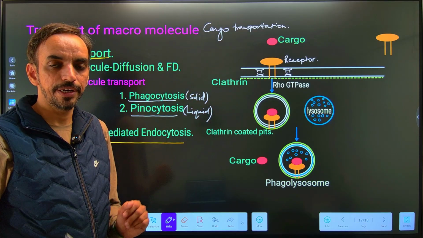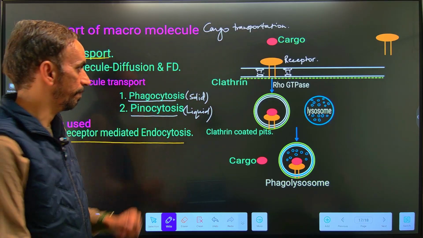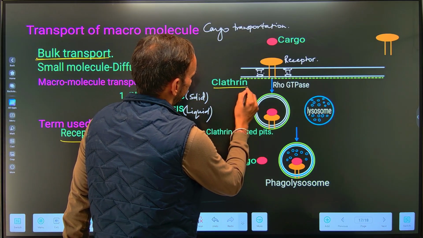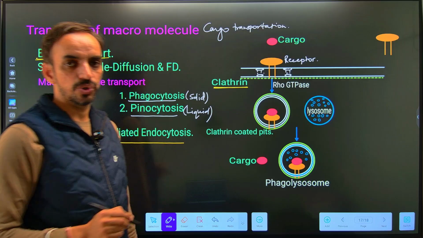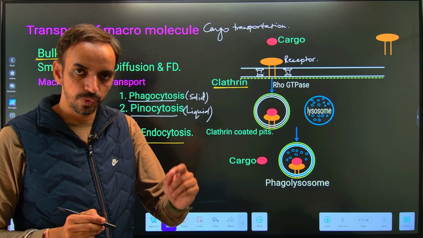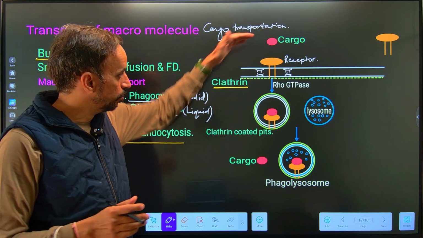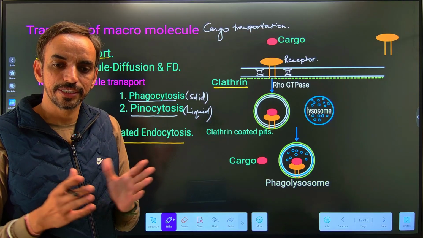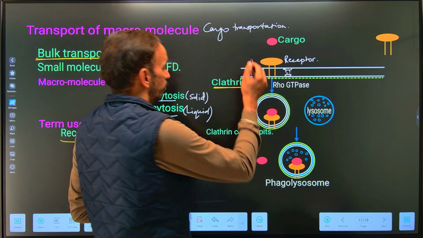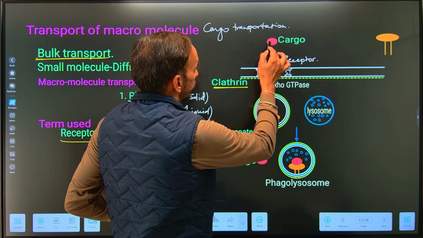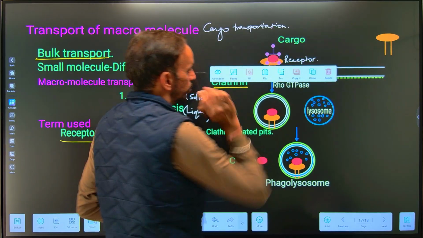Beneath the plasma membrane, we have a layer of protein made up of clathrin. So there is a layer of clathrin proteins. Outside the cell, we have a molecule to be transported into the cell, a larger cargo molecule. This larger molecule will first bind to the receptor.